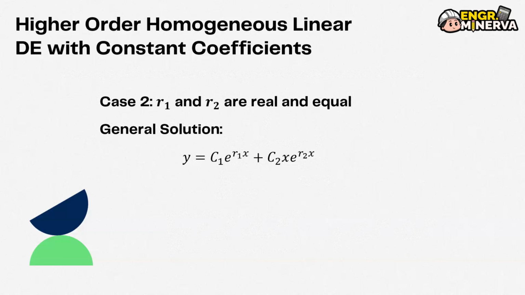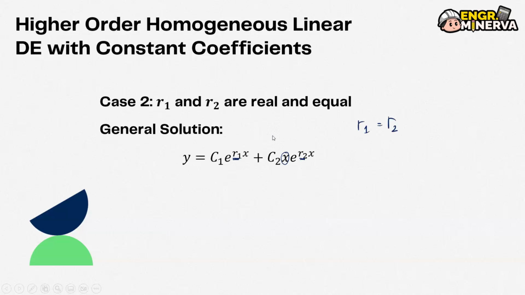So if R1 and R2 are the same, take note, we put R1 here, and when we put R2, since it is the same as R1, we introduce x. So every time there is a repeating root, you introduce x. Okay? So let's try.